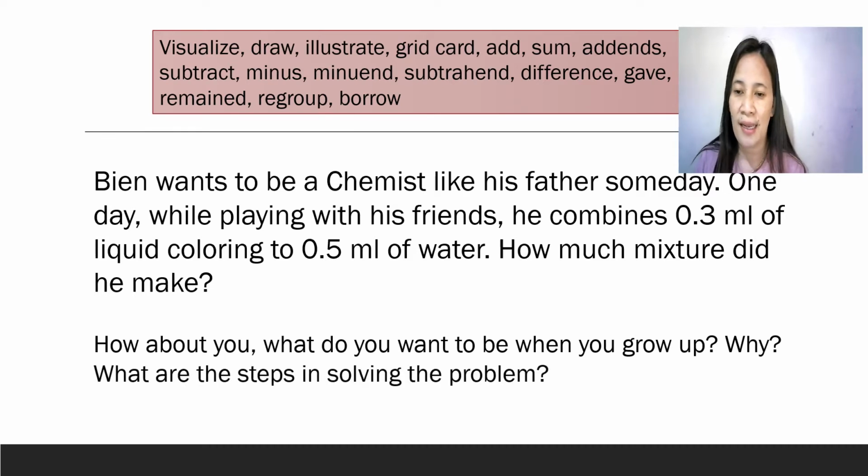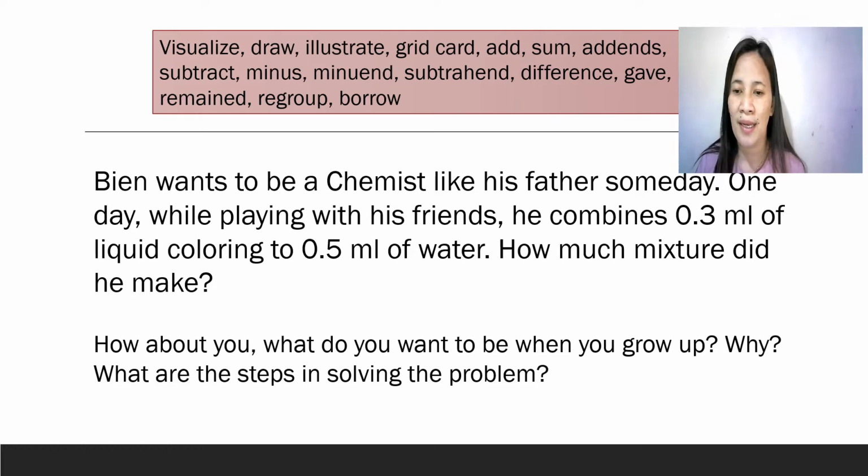Then, what are the steps in solving the problem? So, we have steps. Again, you have to know what is asked, what are given, what is the word clue, and what operation you're going to use to solve the problem. So, in our problem, what is asked? That is, how much mixture did he make?